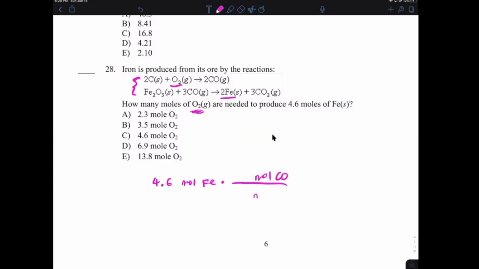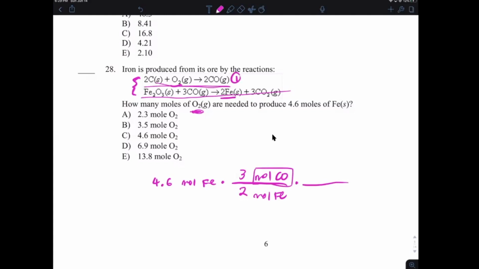So looking at this bottom equation, what should go on the top here and what should go on the bottom here? Right, so 3 goes on the top and then 2 goes on the bottom. And then, well, now we have it in moles CO. So which equation should we use to convert to moles of O2?